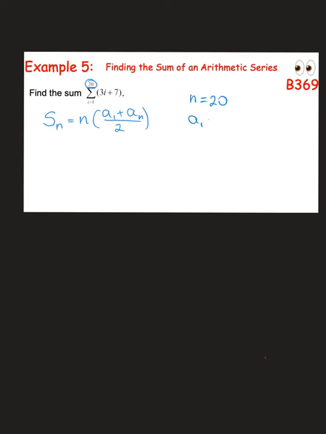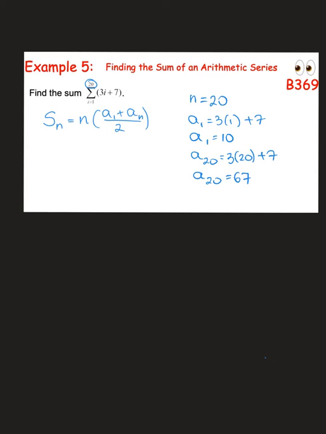The first term is 3 times 1 plus 7, so the value of the first term is 10. And the last term is the 20th term, so it's 3 times 20 plus 7. So our 20th term is going to be 67.